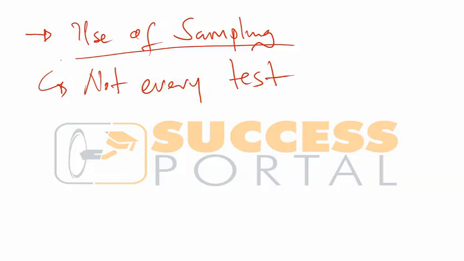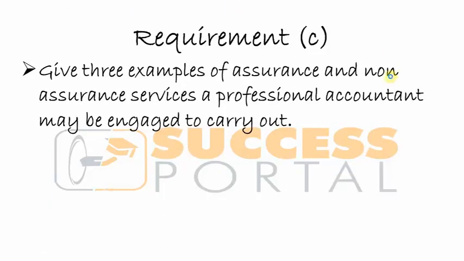They pick a number of items to test. I told you that because of the financial constraint, we cannot test everything, so we make a sample and make a conclusion. Just because we have sampled, we haven't done a full test of everything, so because of sampling, we can never be 100% sure. Maybe whatever we haven't tested has something wrong. So we can never give 100% assurance. That's why we can never give an absolute assurance.